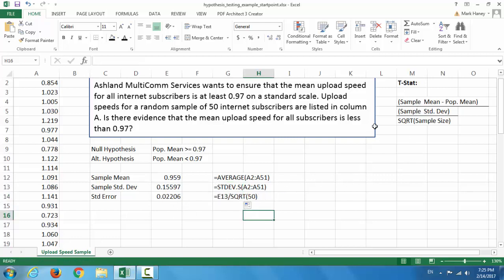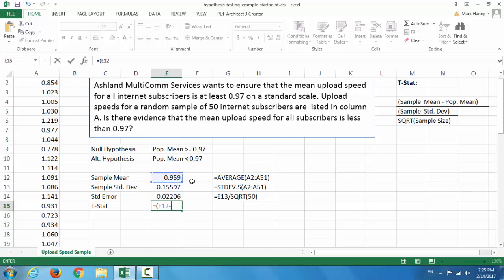So next we can calculate the t-statistic. The t-statistic is just the sample mean minus the hypothesized population mean divided by this standard error, which we just calculated. So it's equal to the sample mean minus the proposed population mean, or the hypothesized population mean, which is 0.97, and then divide that whole thing by the standard error term we calculated.